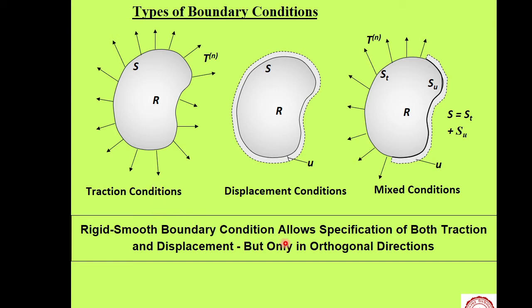In the normal direction, we have a traction condition. And in the tangential direction, we have a displacement condition. These are rigid smooth boundary condition. Okay. Say roller rolling, and on top of the roller we have a load.